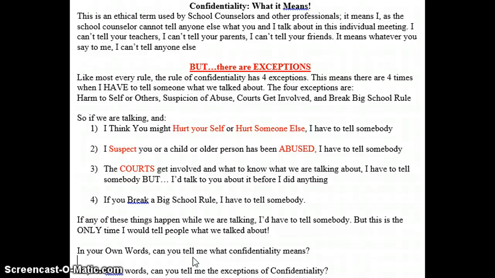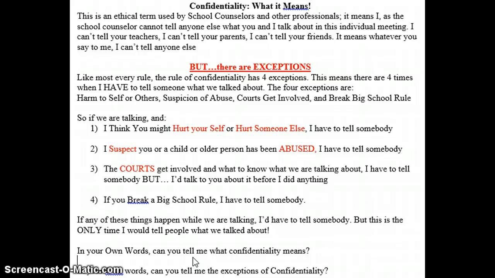And so, in counseling, the first thing you have to do is ask the student if they know what confidentiality means. Oftentimes they do not. So, after you find out that they do not know what it means, I suggest that you tell them, okay? After you tell them what confidentiality means, I suggest that at that point, you ask them to tell you in their own words what confidentiality means.